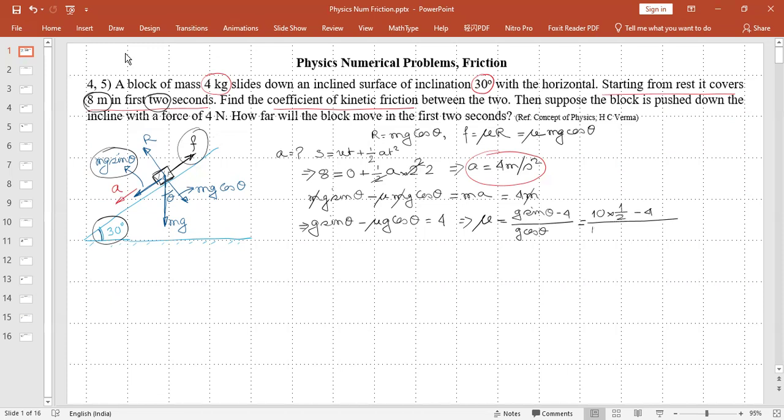And this g is also 10. Cos theta is root 3 by 2. So this 2 and 10 gets cancelled. We have 5 here. This 2 and 10 gets cancelled. We have 5 here. So what we have, 5 minus 4 is equal to 1. And in the denominator, we have 5 root 3.